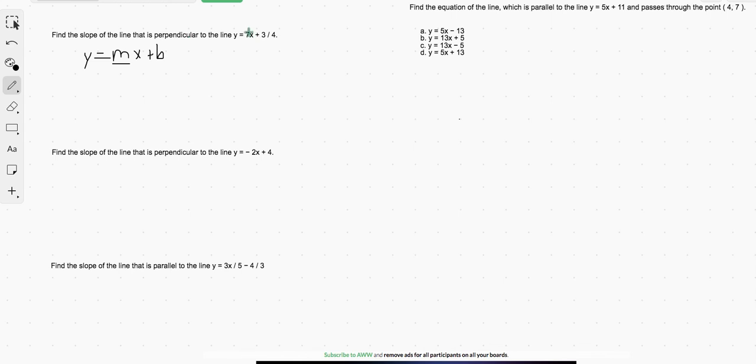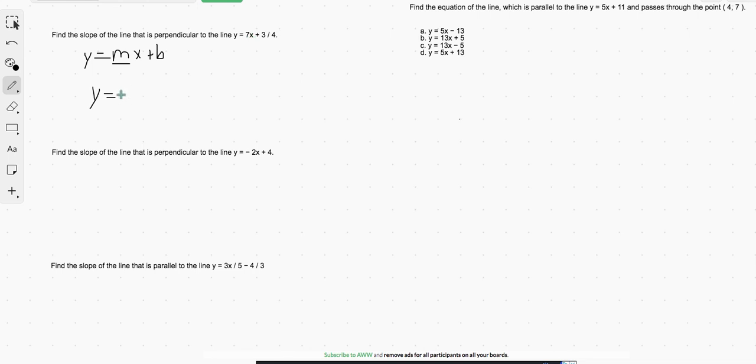So perpendicular means that this number m has to be the inverse, the total opposite of this number. So 7, what is the opposite of 7? Minus 7, of course, but they're asking for more than just minus 7.